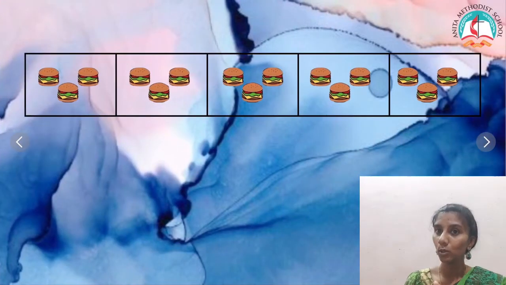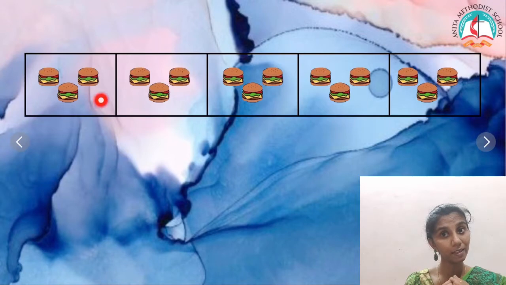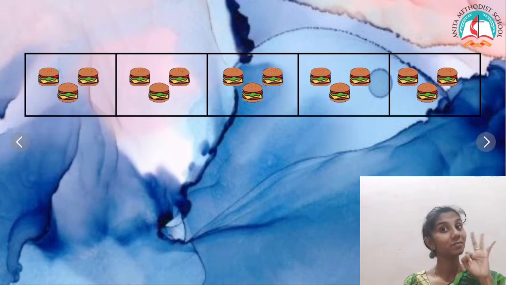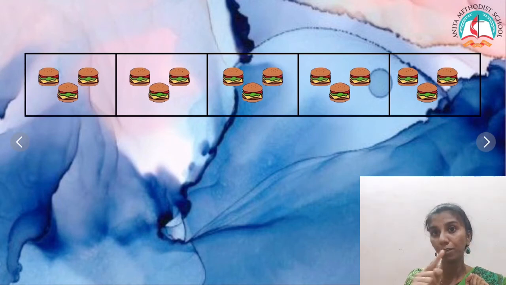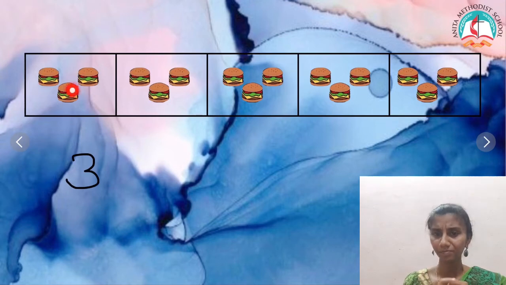Okay, now look at, can you see this picture? How many burgers are there? 3. How many groups are there? Group means how many boxes. So how many groups are there? Let me count. 1, 2, 3, 4, 5. So we'll write it.